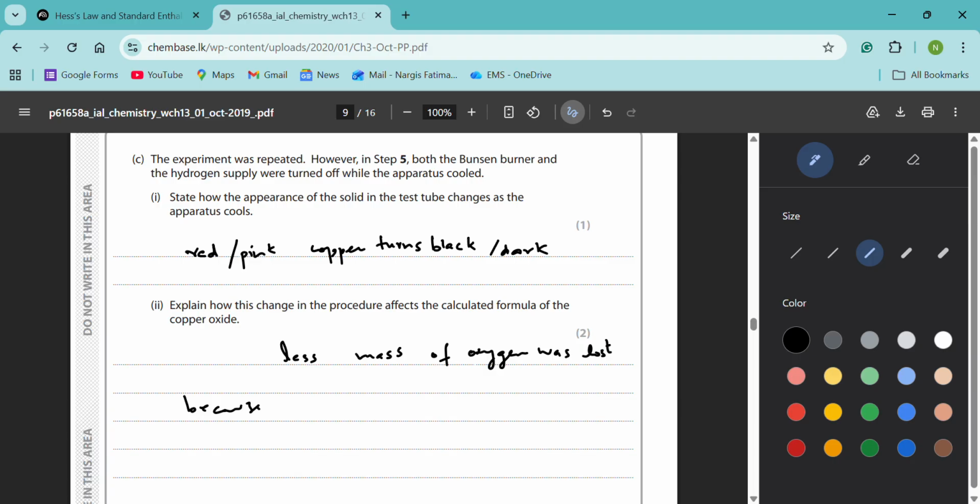Because some of the copper has been reoxidized. Copper reoxidized to copper oxide. So this will be the reason.